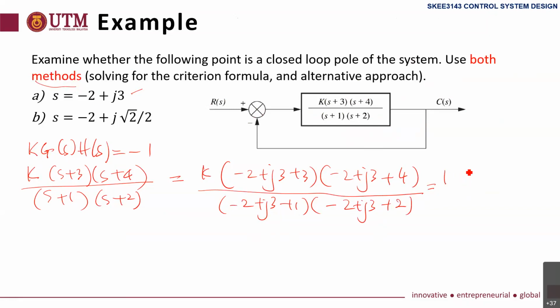Then we get K(1+j3)(2+j3) over (-1+j3)(j3).